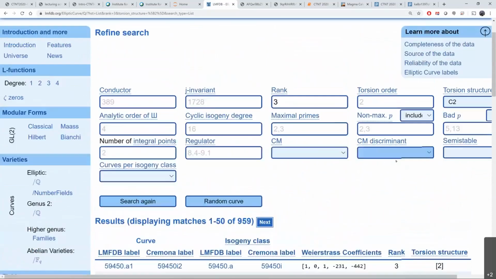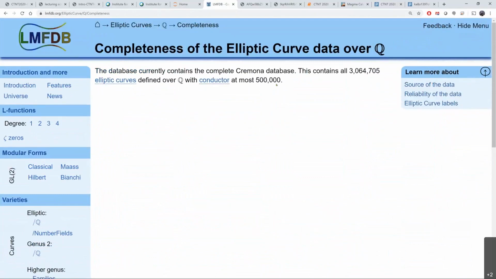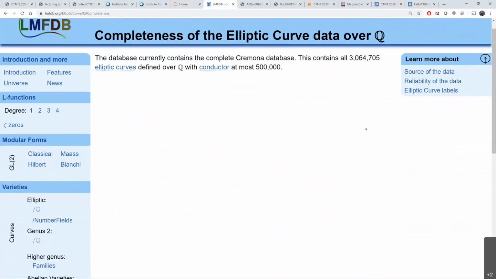You can also look in the database at the completeness of the data. This data contains 3 million elliptic curves with conductor at most 500,000. So that's one of the limitations of this database.